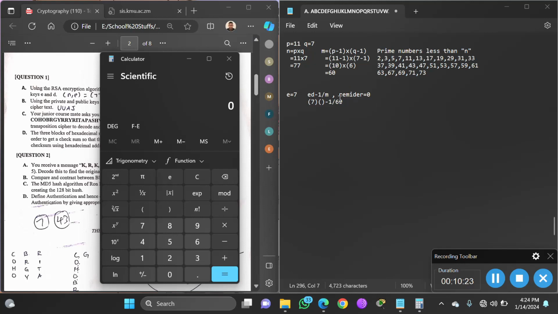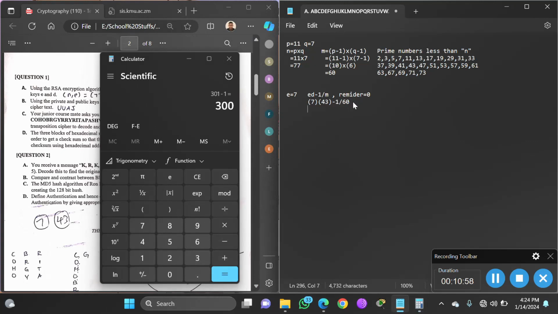Okay, so after multiple attempts, I've realized that 43 is the value for D, because when we compute this 7, then times 43 from this list of prime numbers to represent D, we get 301. Then once we say minus 1 from that formula, we get 300.